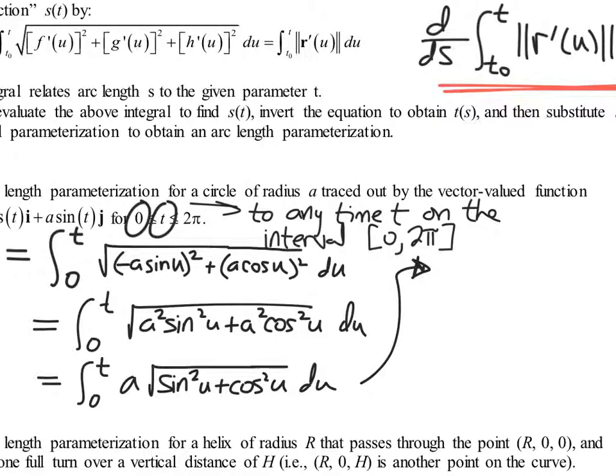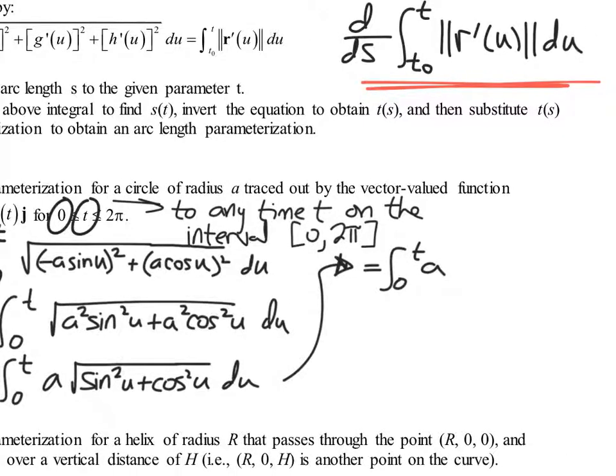Next step in the process would be, so still 0 to t, a, I'll write the rest in a second. What's sine squared plus cosine squared? 1. Square root of 1 is 1. So it's really just going to be a du. All right. So we can integrate that and get au over the interval of 0 to t.